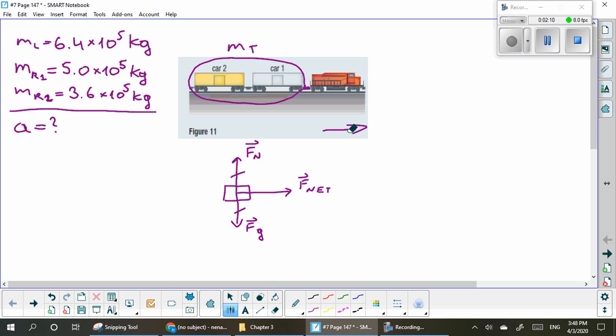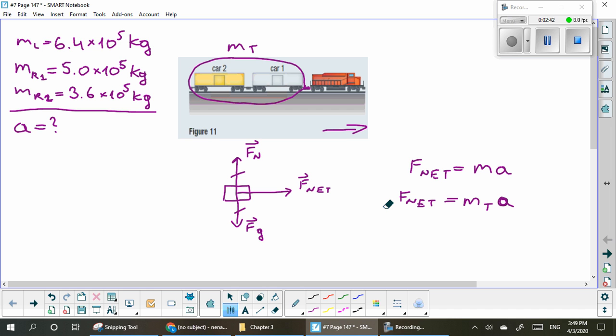So we know from Newton's laws that F net is equal to mass times acceleration. However, in this case, we're looking at the total mass of the two railway cars. And then it's also going to be the acceleration of those cars, and that is going to be equal to the F net from the free body diagram that we got.